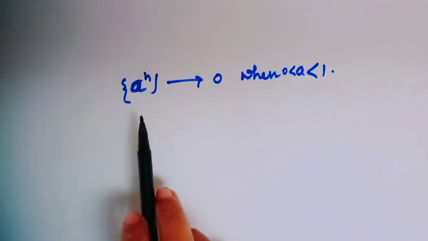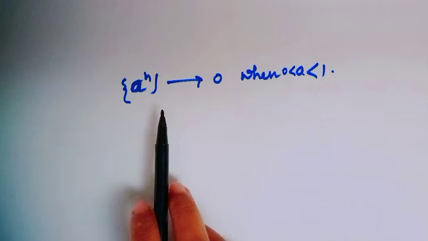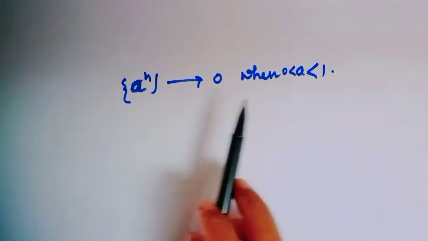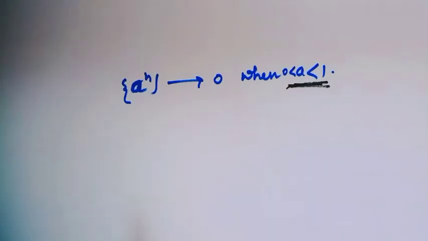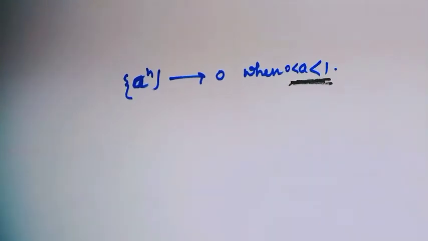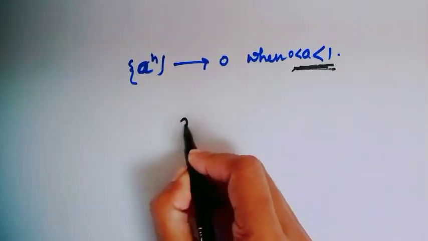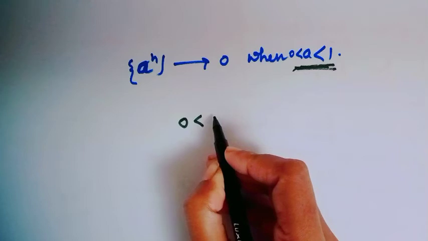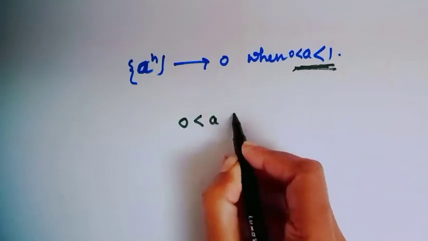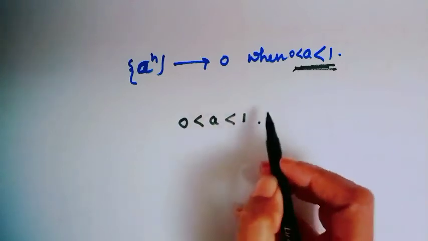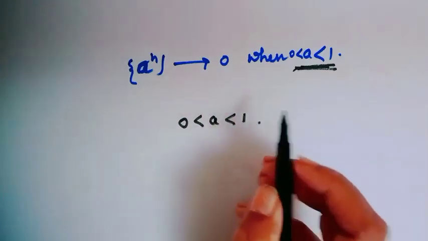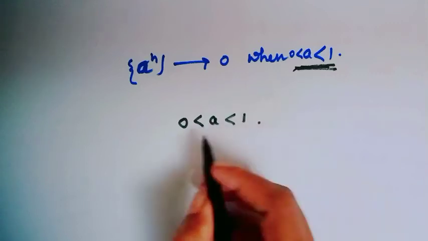And this sequence a to the power n goes to 0 when a is always less than 1. Are you getting my point? Since 0 is strictly less than a, strictly less than 1, and this is a positive number, I can multiply both sides by a.